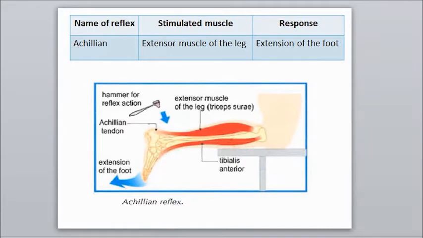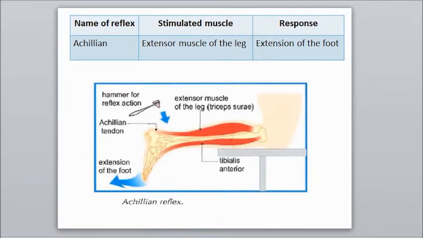By the way, the following two reflexes that I had previously mentioned, the Achillean and the patellar reflexes, are used during a routine medical checkup by the doctor. It is used to check for any signs of perturbation in the nervous system.